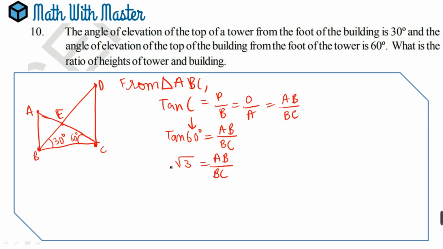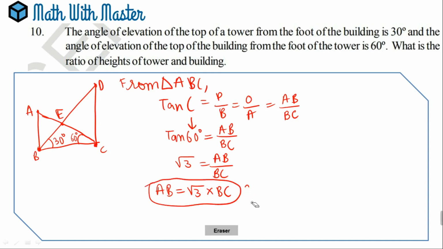And now from here we can conclude AB is equals to root 3 into BC, and now we can conclude BC is equals to AB upon root 3.